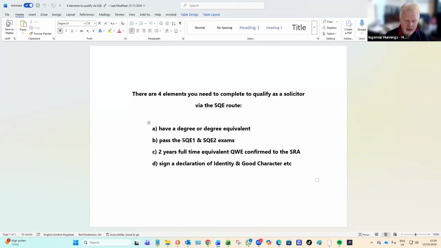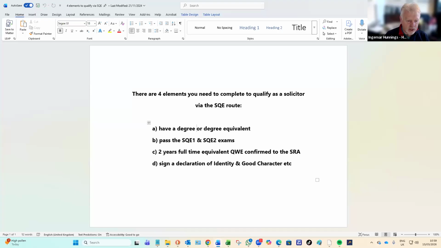So if you have an LPC pass and you are a qualified US attorney, then you've got a choice which one you go for. If you don't have the LPC pass, but you're a US attorney, then the only exemption option is applying for exemption from the SQE2.